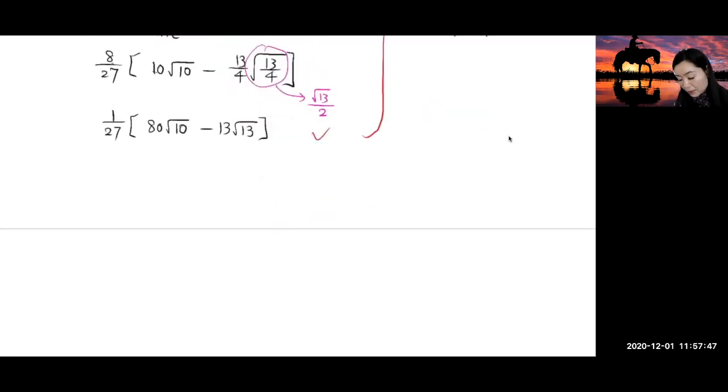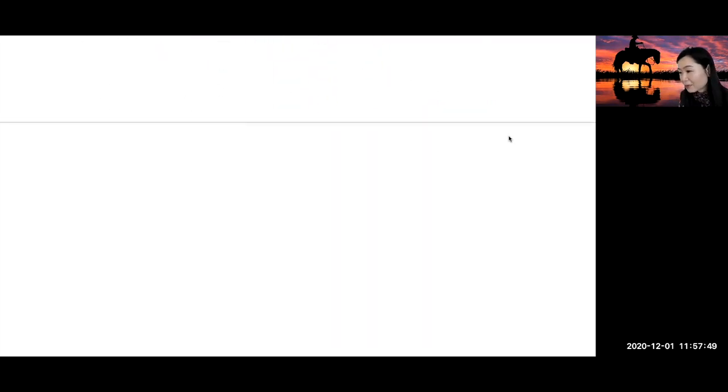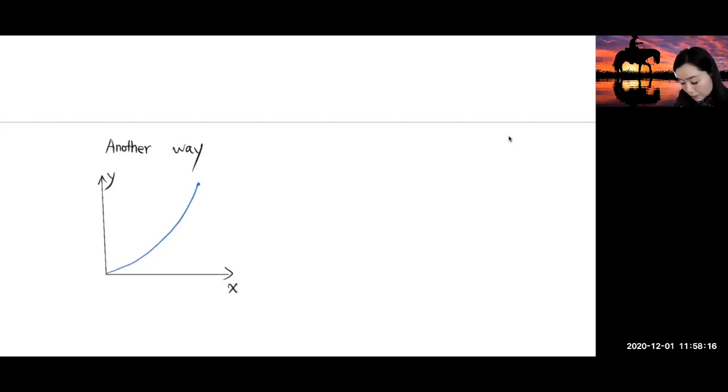Okay. So now someone says, well, you used A, how about you use B? Another way to do this is to use B. When you use B, you slice this, right?